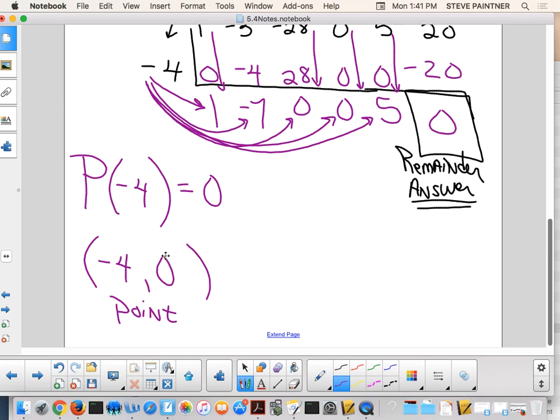Hey, guess what? It's the x-intercept. Which means that number is a zero, which is right, because this is a factor. Anybody know the factor?